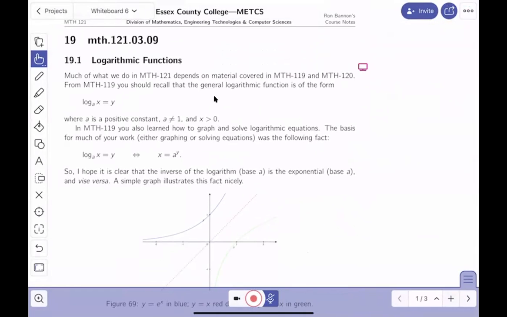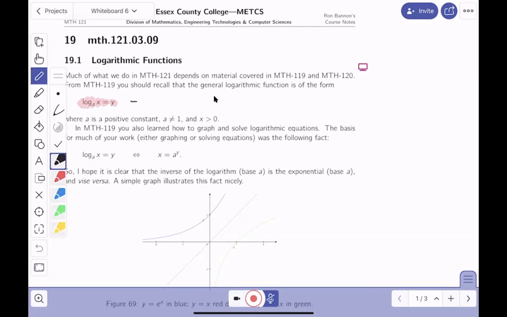When you did 119, you talked about log functions, and log functions were related to exponentials. So my claim, just from the 119 perspective, is that the log base A of X, back in 119, we told students that logs are kind of foreign to us.